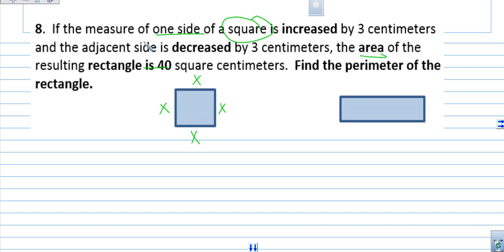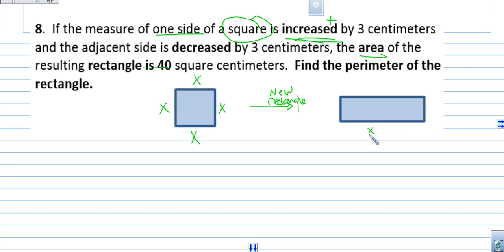So it says if one side is increased by, which means added by, 3 centimeters, to result in this new one, so this would be the new rectangle. Which one do you think would be increased by 3? This side or this side? It would definitely be this side.